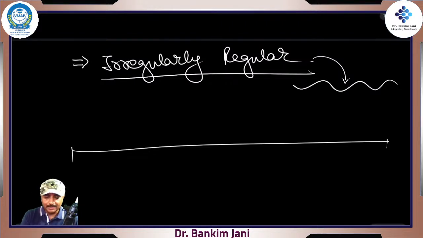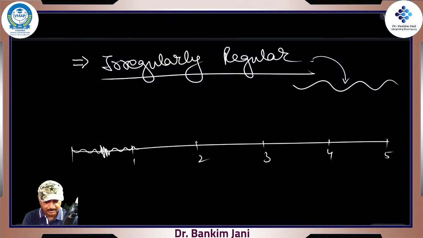Okay, let's draw. It is telling irregularly regular, right? So something is irregular, but say this regularity is coming irregularly, right? So this is normal, right? So we put 1 second, 2 second, 3 second, 4 second, 5 second. So this is regular, and then there is something erroneous.